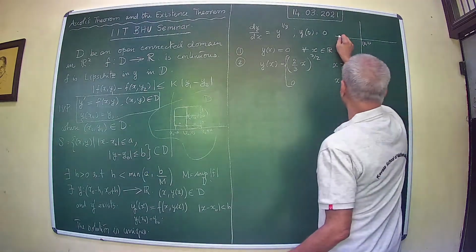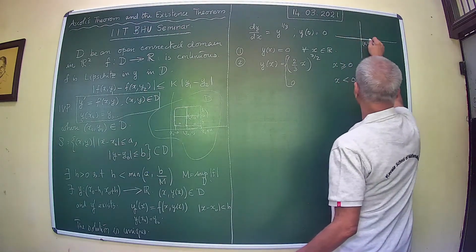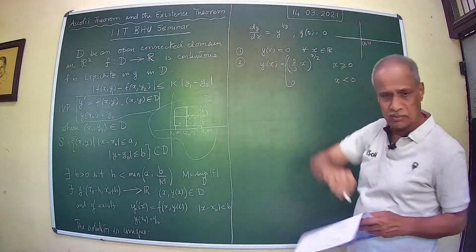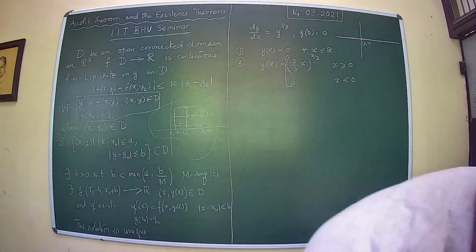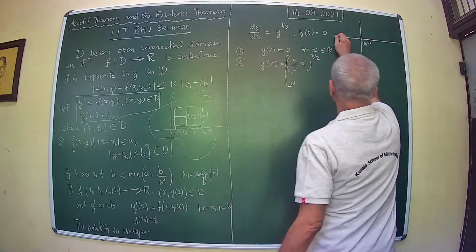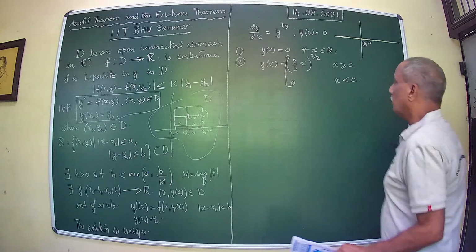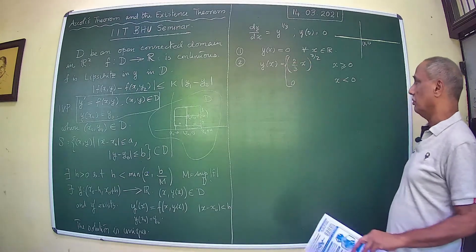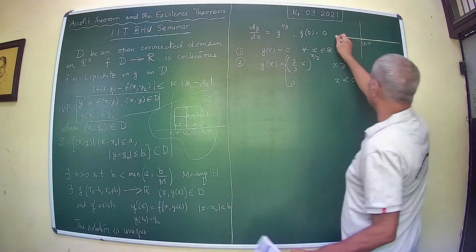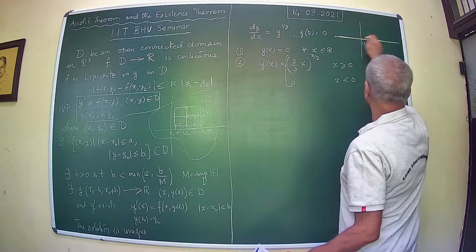See, one solution is identically equal to 0. We mark it by a colored chalk. So this yellow line is the graph of the solution, y identically equal to 0. The other solution is up to 0, this is the x-axis.